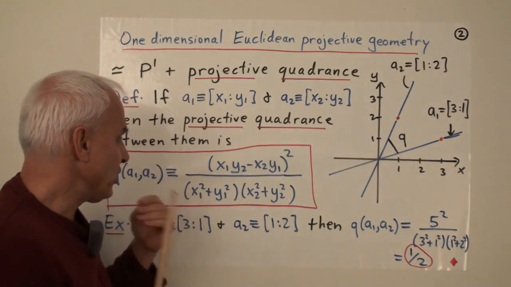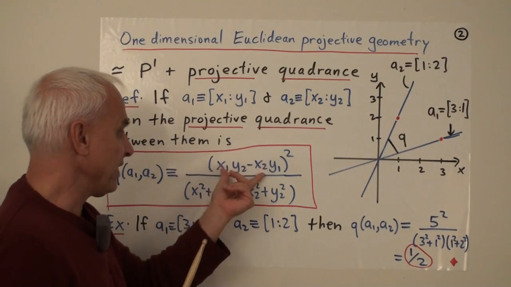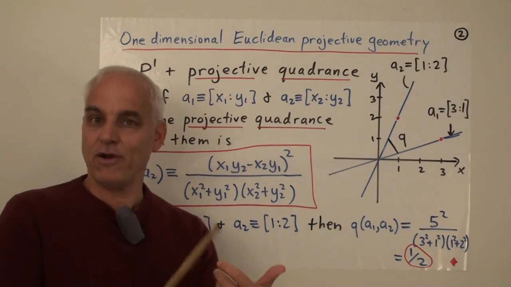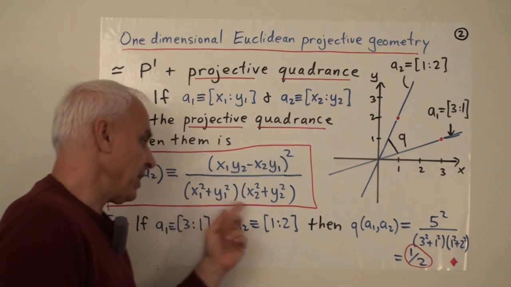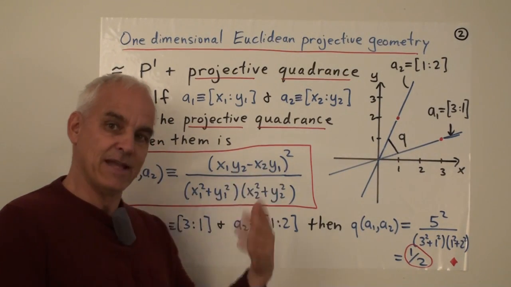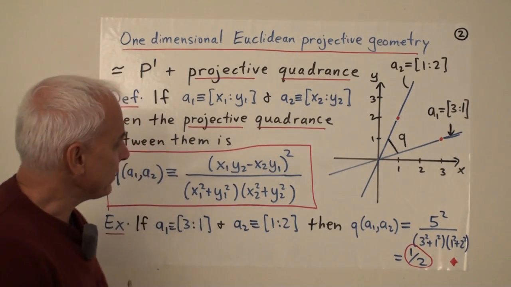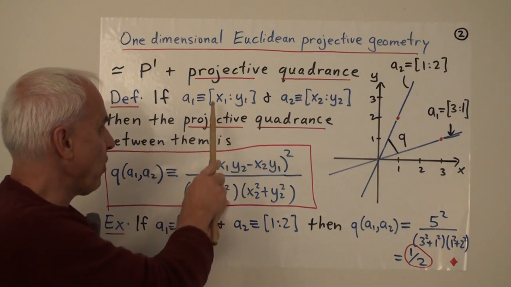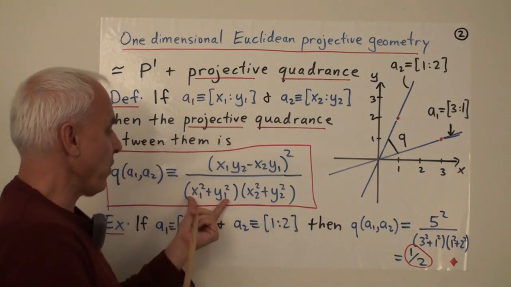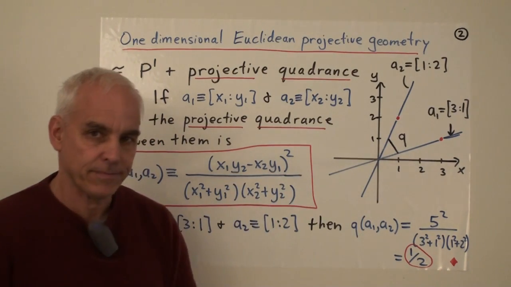So we need to adjust for the fact that if we scale x1 and y1, this thing multiplies by the square of that factor. We need to compensate by having something in the denominator that will essentially cancel any such scaling term. And here's what we're going to do. We're going to take x1^2 + y1^2 and multiply it by x2^2 + y2^2.